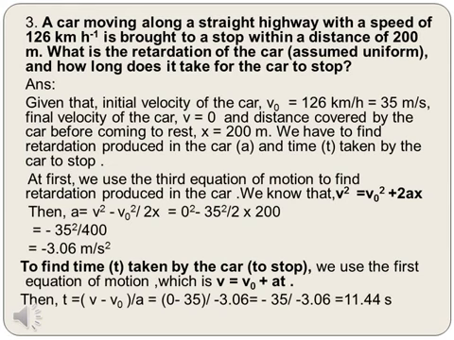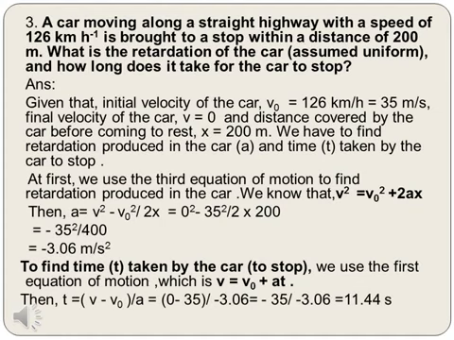We have to find the retardation produced by the car and time taken by the car to stop. At first, we have to use the third equation of motion to find the retardation produced by the car. We know that v square is equal to v0 square plus 2ax. Then a is equal to v square minus v0 square divided by 2x, which is equal to 0 square minus 35 square divided by 2 into 200 is equal to minus 3.06 meter per second square.